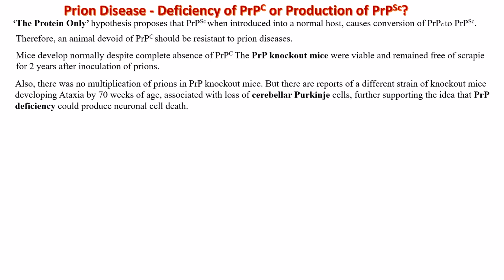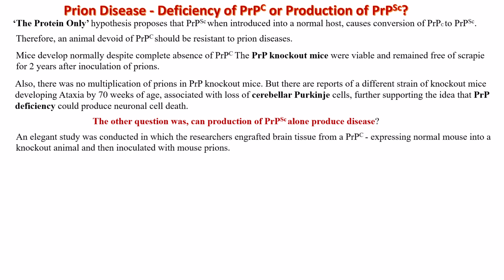The other important question was, can production of PrP-Sc alone produce disease? An elegant study of Aguzzi, Weissmann and co-workers has addressed this question. They engrafted brain tissue from a PrP-C expressing normal mouse into a knockout animal and then inoculated with mouse prions.